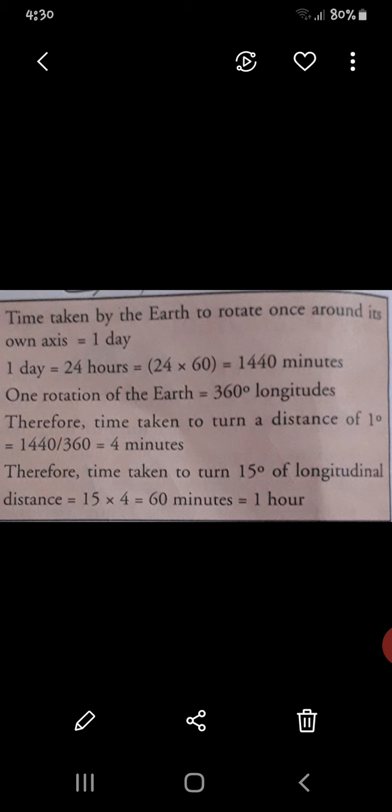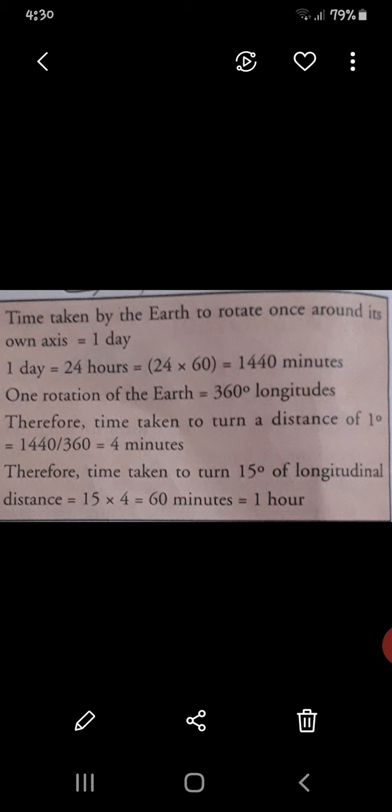How many degrees? 15 degrees of longitude. Okay, so we can say that the earth has been divided into 24 time zones of 1 hour each. So each zone covers 15 degrees of longitude. One zone is equal to 15 degrees.